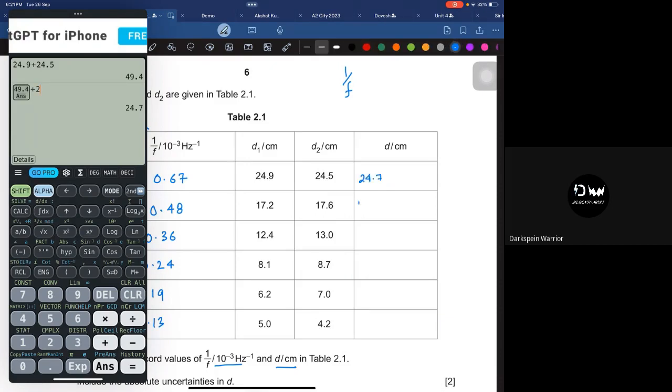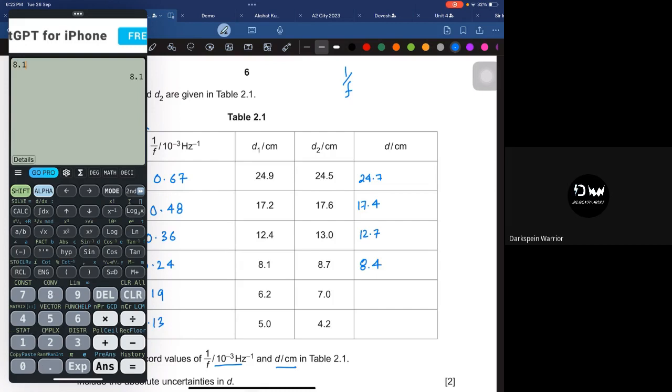I think this will be 17.4. I can basically see that. I think that's going to be 12.65, 12.7. This is going to be, I think, 8.4. Can you check?